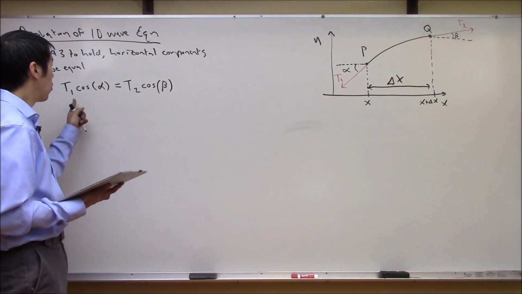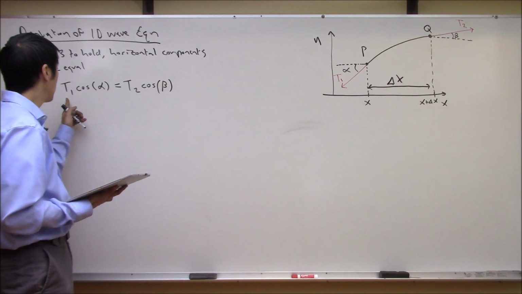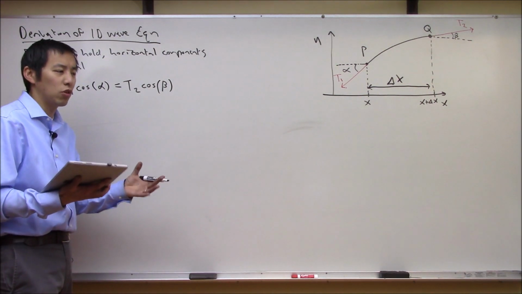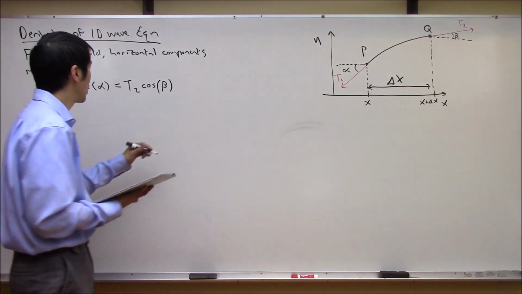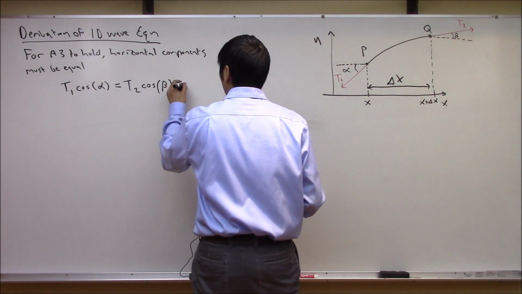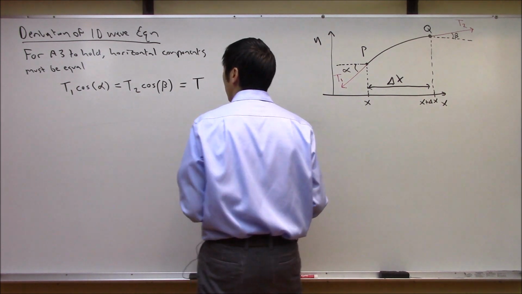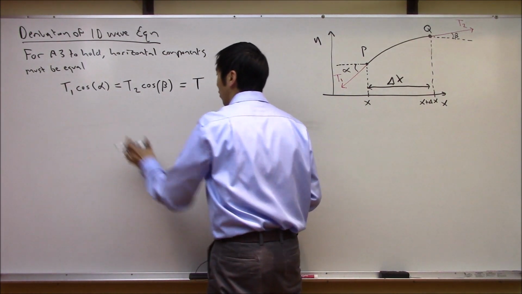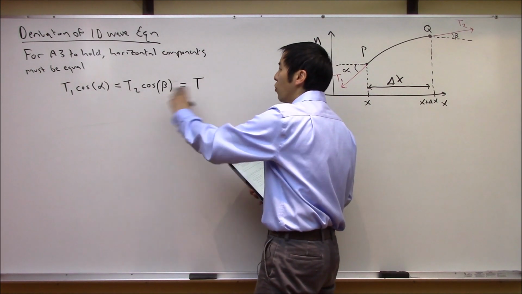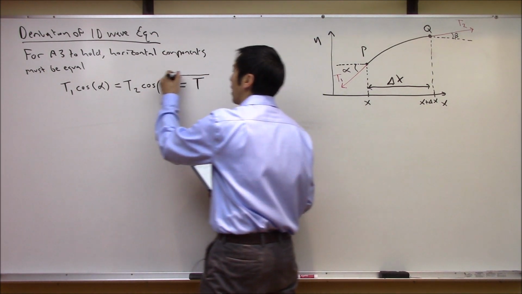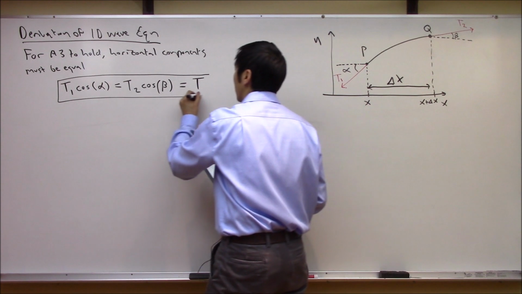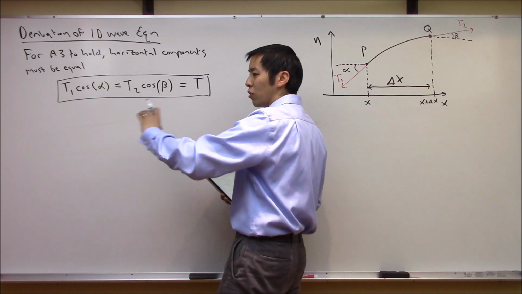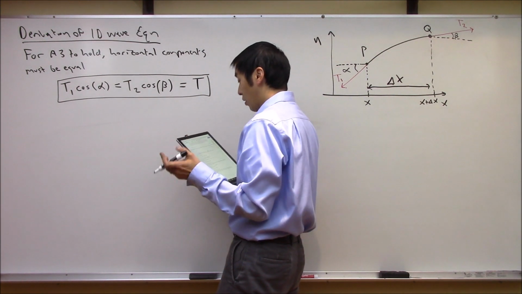So T1 and T2 are basically equal to the same tension, so there's one tension through the string. I can write this as just T. The cosine of something small really is not going to matter. So let's box this up because we're going to use this in a second. This is basically saying that the horizontal components are all equal.